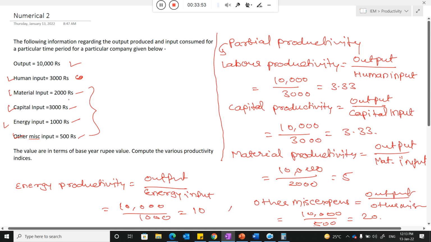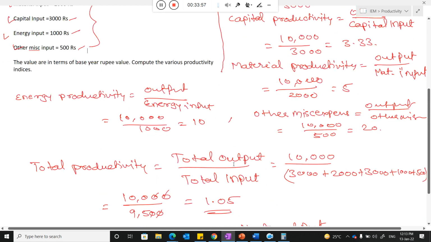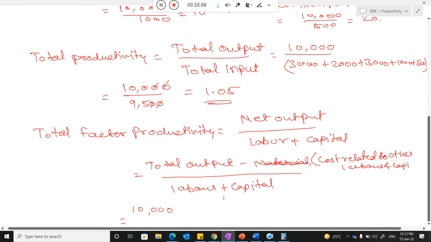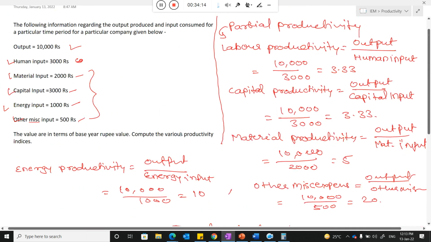The material and the services which you purchase, you need to subtract. So the net output is equal to 10,000 minus the amount which is not related to labor and capital, that I add here.